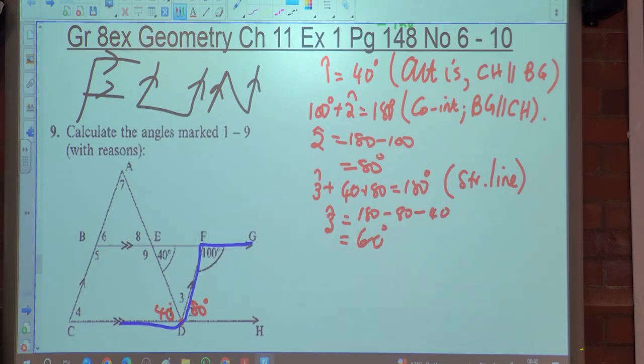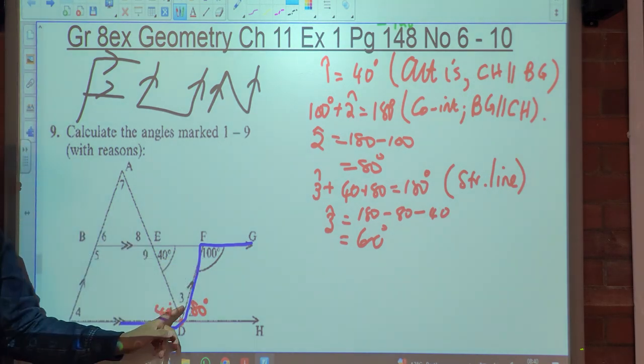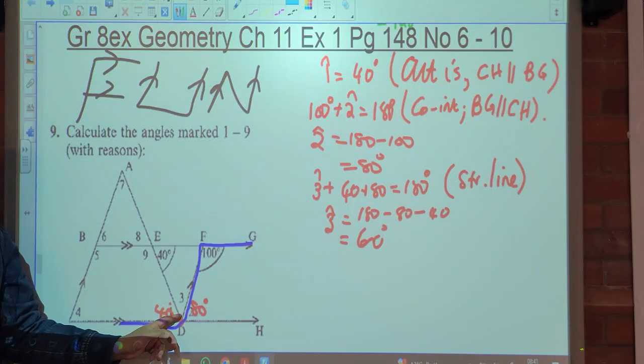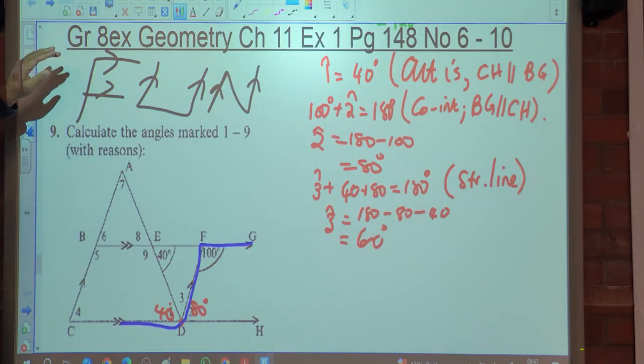So 100 is equal to 40 plus angle 3, alternate angles. Couldn't use corresponding. Okay, but you guys get the idea. There's always more than one way of solving sums. Not in every case, but in many cases.